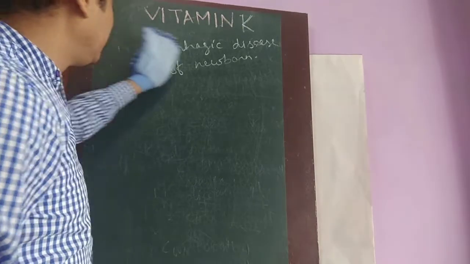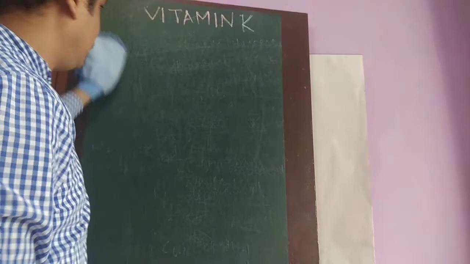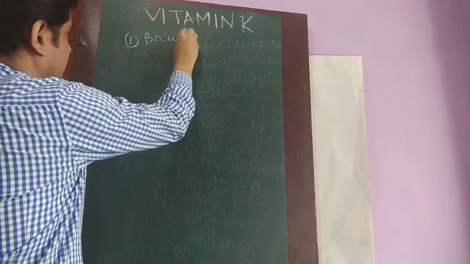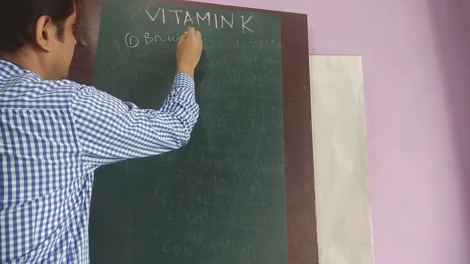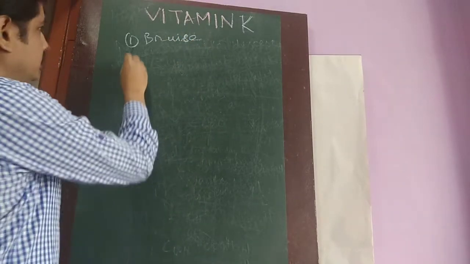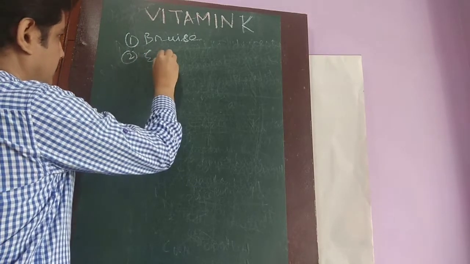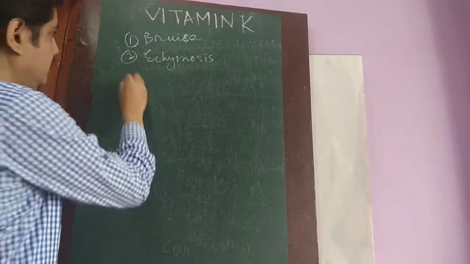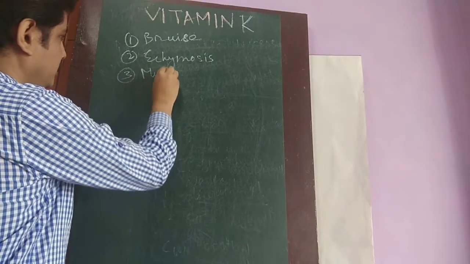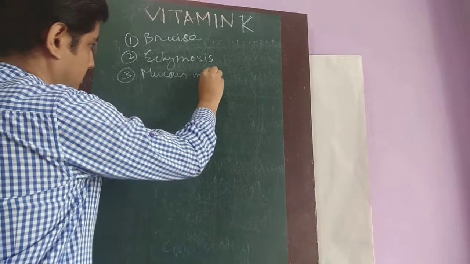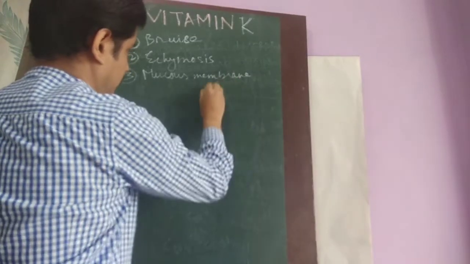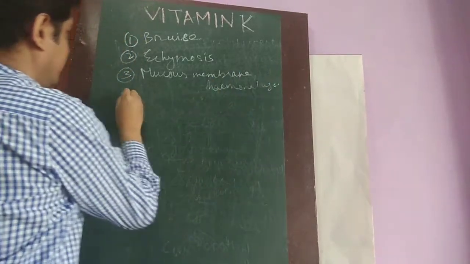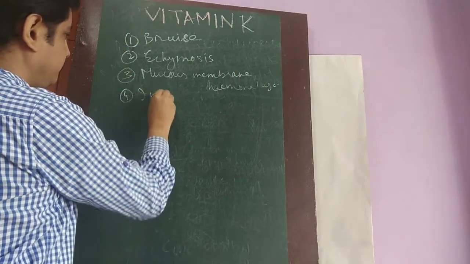Now, when there is vitamin K deficiency in children and adults, it can be manifested as bruising tendency, ecchymotic patches, and mucous membrane hemorrhages. Then there will be internal bleeding.